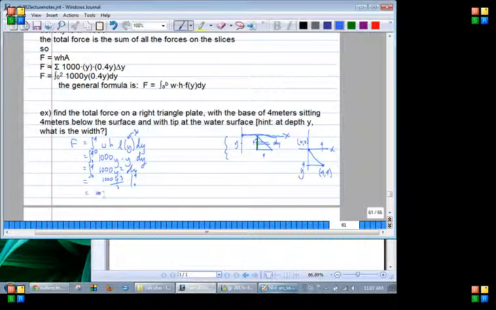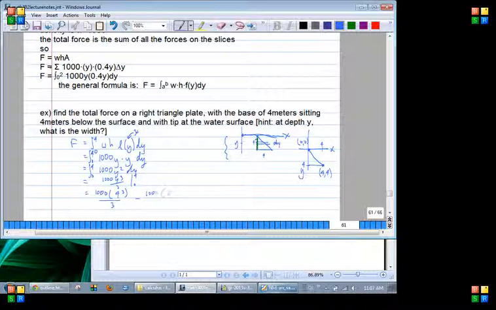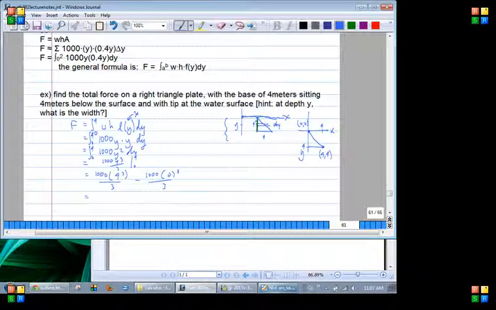So that'll just be 1,000 times 4 cubed over 3 minus 1,000 times 0 cubed over 3. And that's just 21,333. And this is force, so it's newtons.